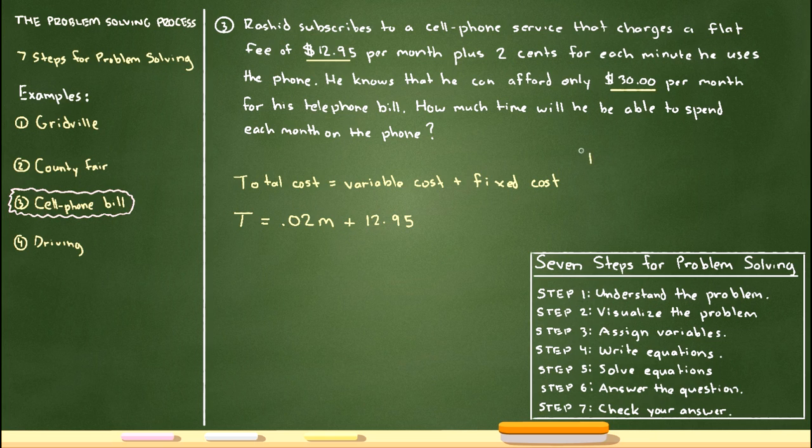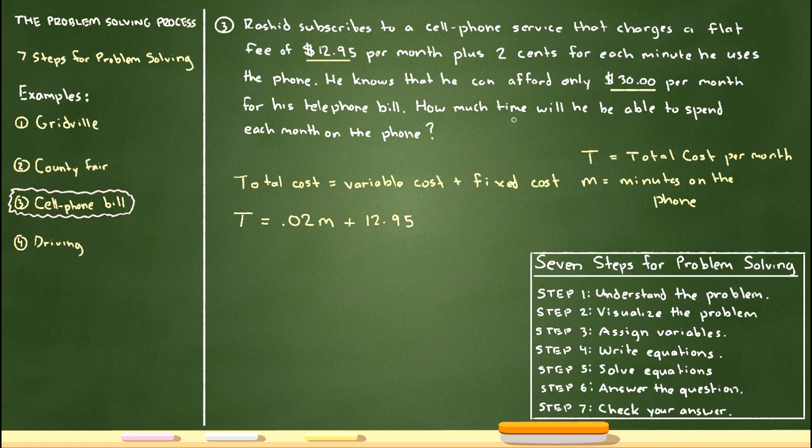So, off to the side, let me just say T is the total cost per month. And this is on a per month basis. And M is the minutes on the phone. And again, that's per month.